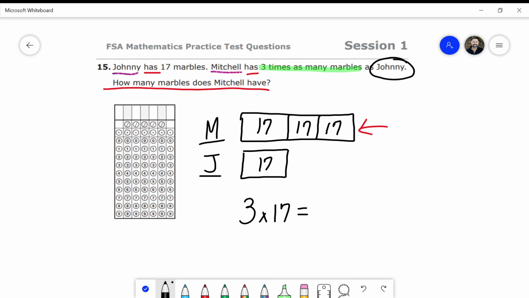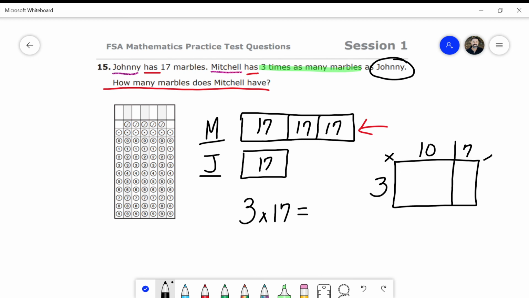So 3 times 17, that's not a basic fact, so what we want to do is draw an area model. I'm going to cut the area model in this direction because I want to break apart the number 17. And so the 17 has a 1 in the tens place, so that's 10, and it has a 7 in the ones place. So I like to put that little multiplication symbol, and I also like to put whatever's on this side here, I put it on the other side as well.